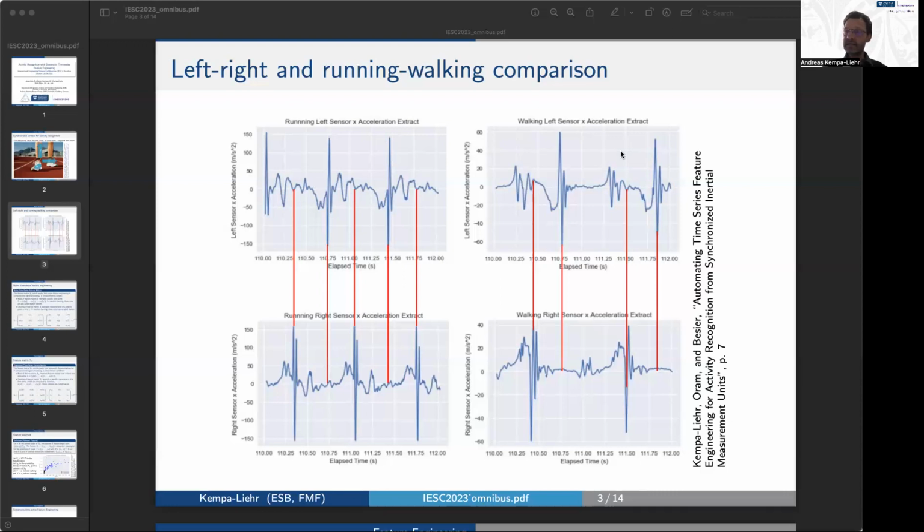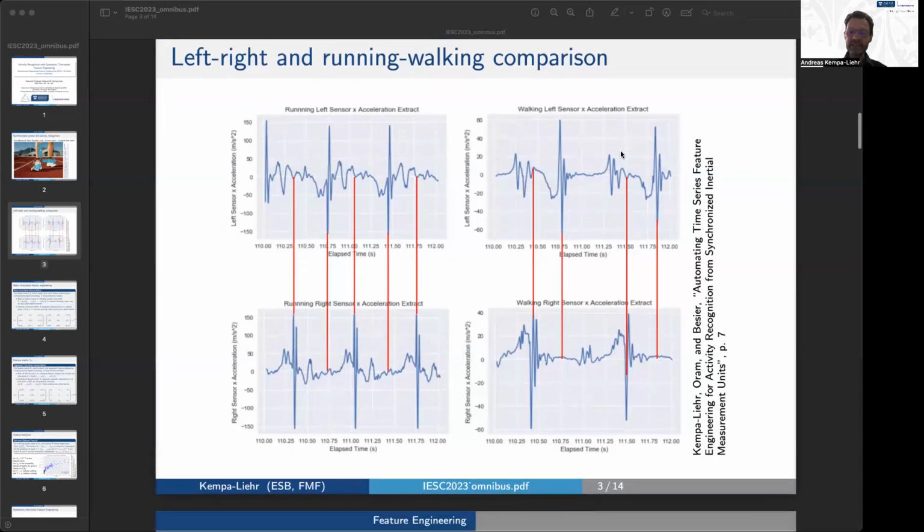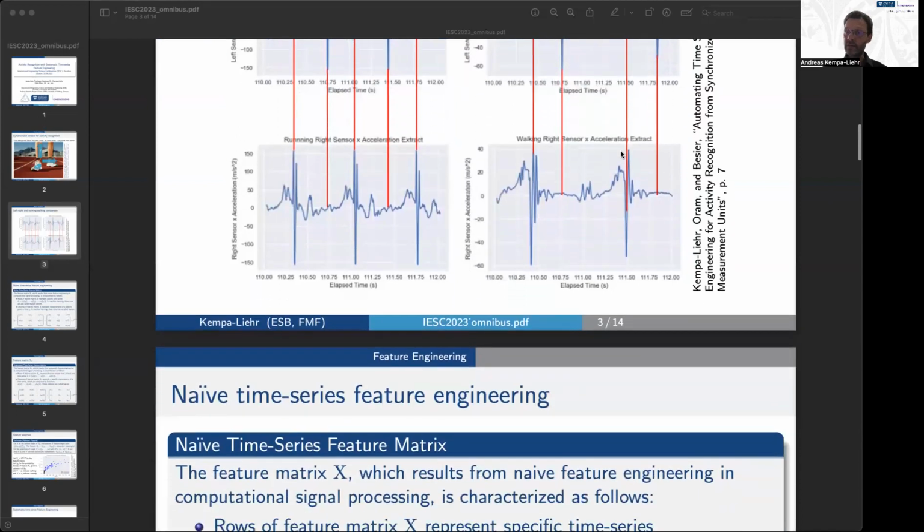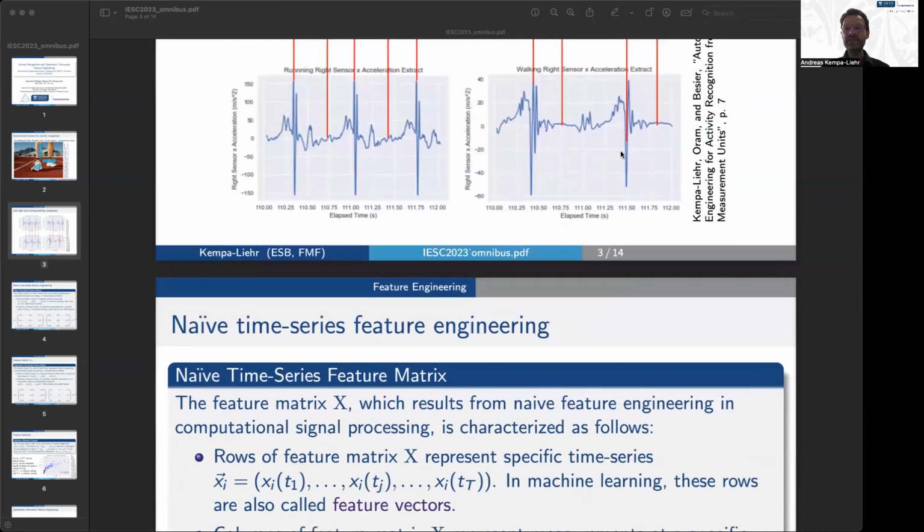But in machine learning, what we want to do is find these features automatically, or just use the recorded data, feed it into an algorithm, and then come up with a suitable solution for distinguishing running and walking. Now, in order to introduce the systematic feature engineering approach, let's start with naive feature engineering first.